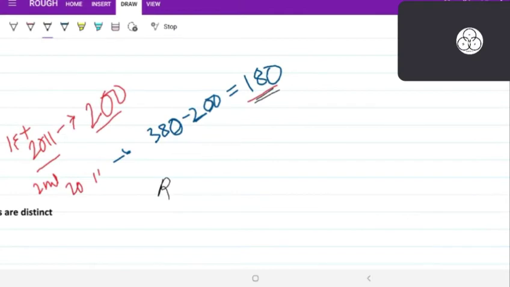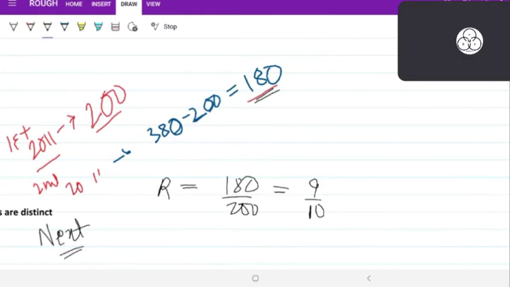So what is the ratio of decrease? 180 by 200, 9 by 10. So the next 2011 terms will be what? The third 2011 terms, 9 by 10 into 180, right?